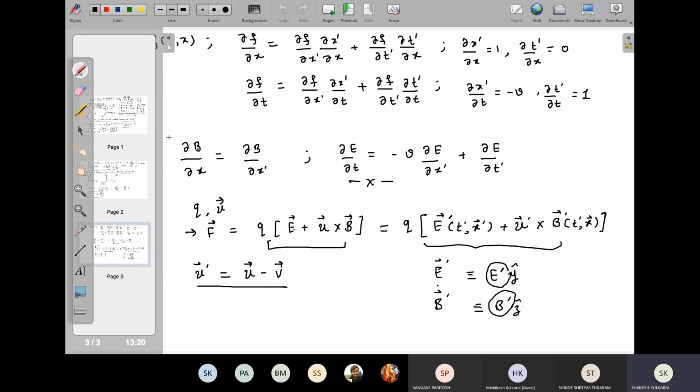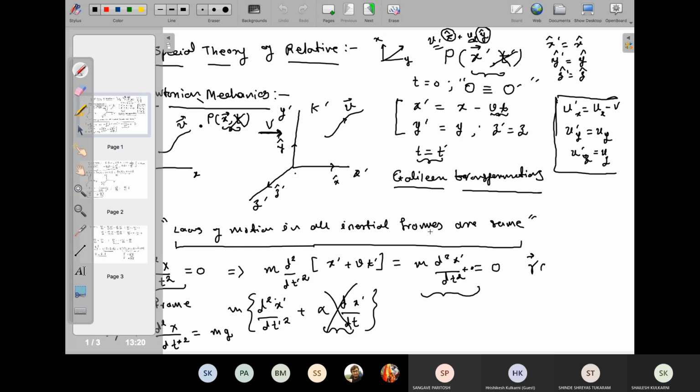Okay, so why? Because if they change the direction, your force law will not remain the same. The force law will change completely. In one frame, suppose Ex is 0. Suppose in this frame the x component of the electric field is 0.